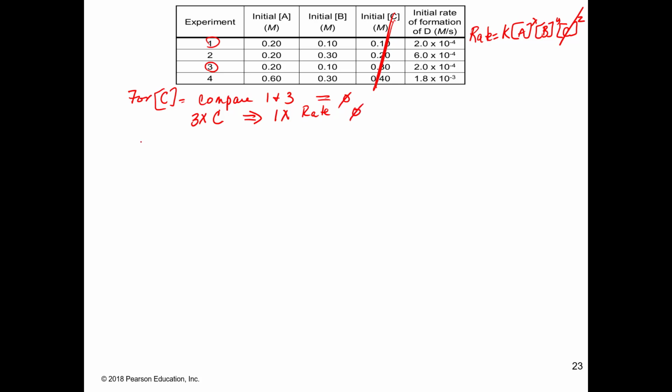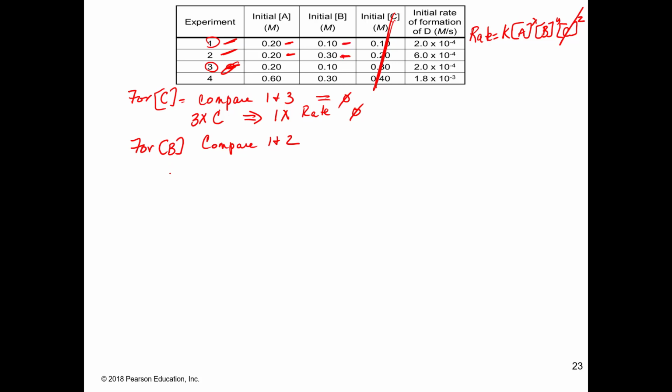All right, so now I'm going to look at B. So for B, I'm going to compare 1 and 2. Because A is the same and B changes, okay?